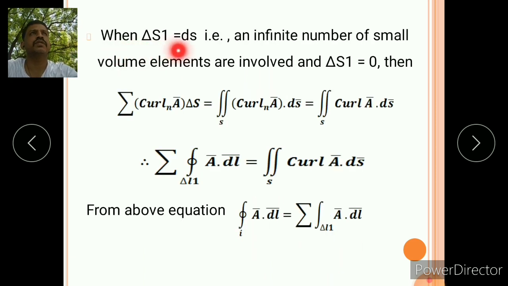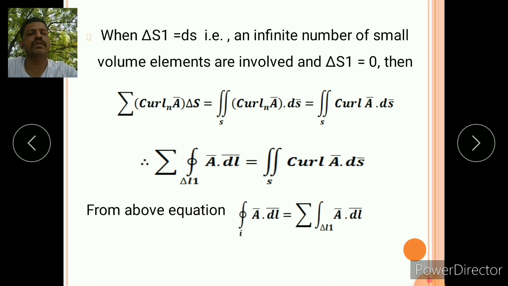As an infinite number of small area elements are involved, delta S1 goes to 0 and becomes ds. Then the summation of curl A · delta S equals the surface integral of curl A · ds. Therefore, ∮ A · dl equals the surface integral of curl A · ds.